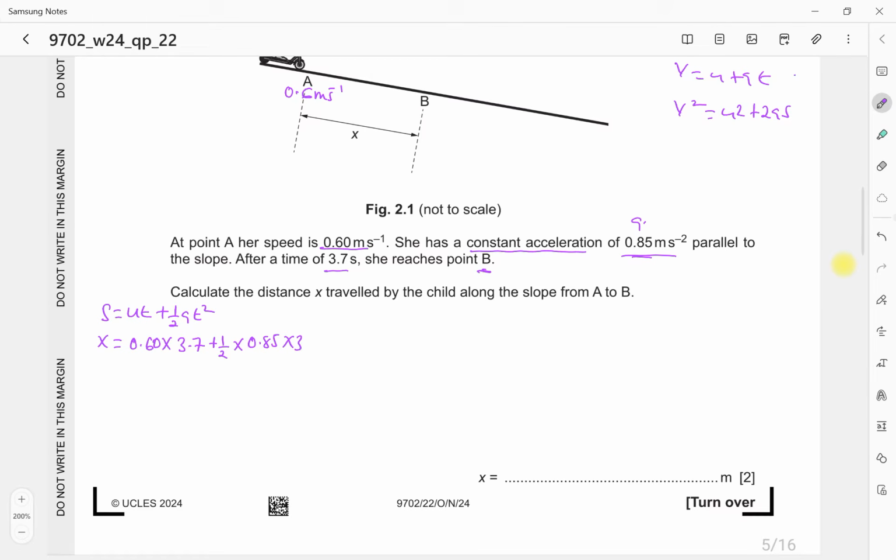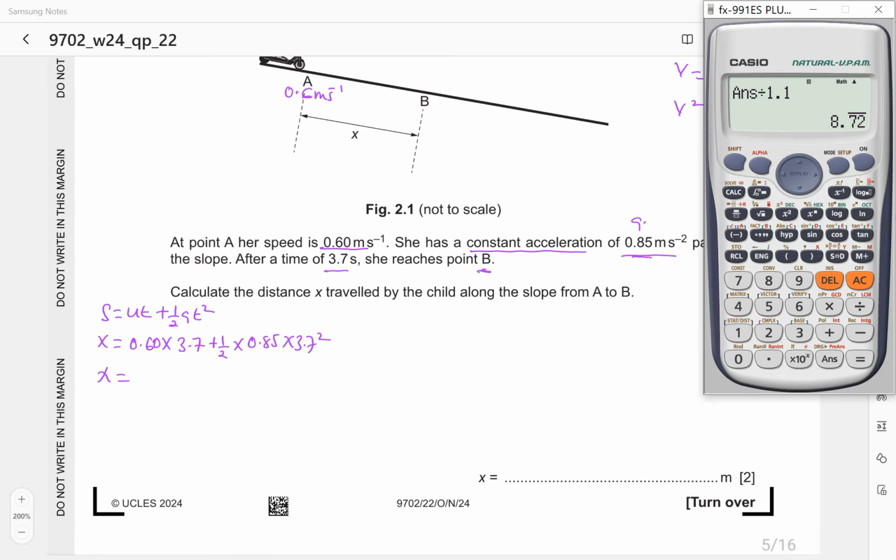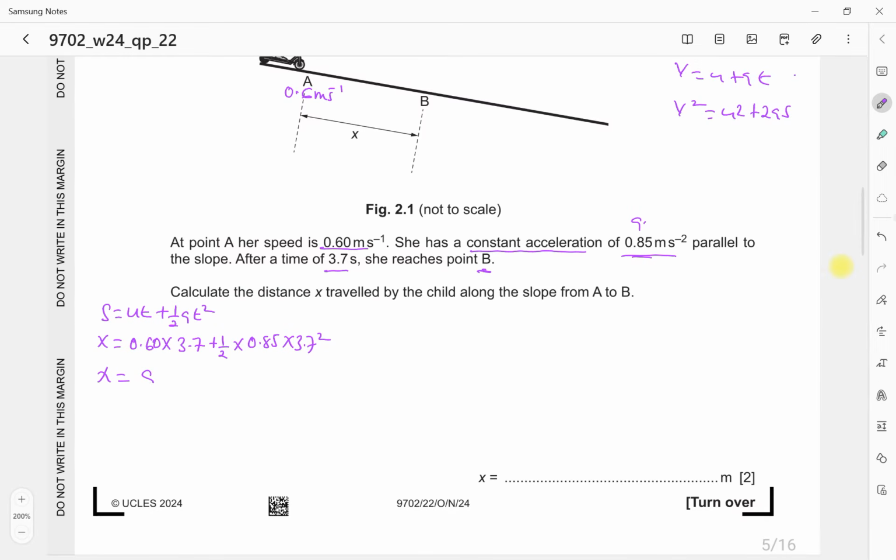So x equals 0.6 times 3.7 plus 0.5 times 0.85 times 3.7 squared. This gives us 8.04 or 8.0.